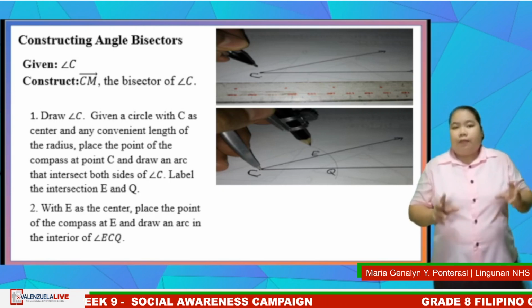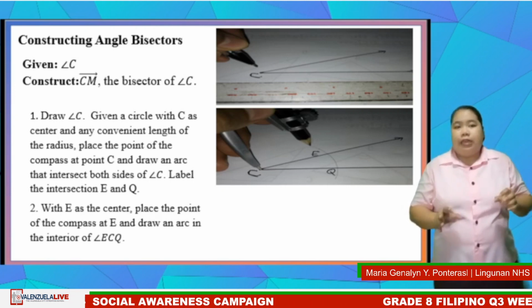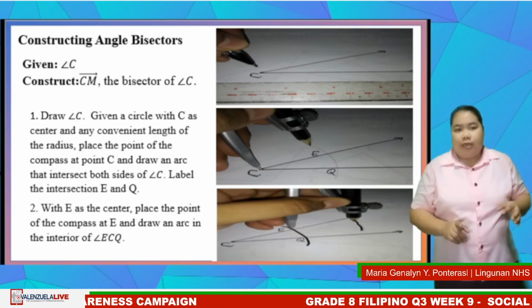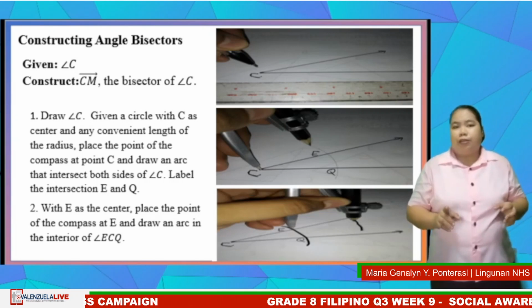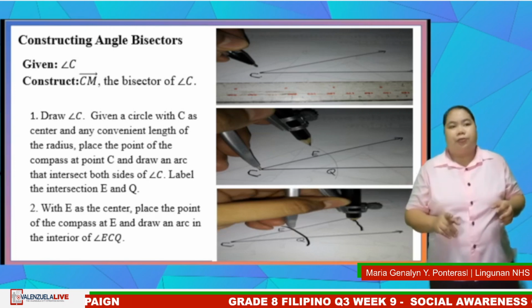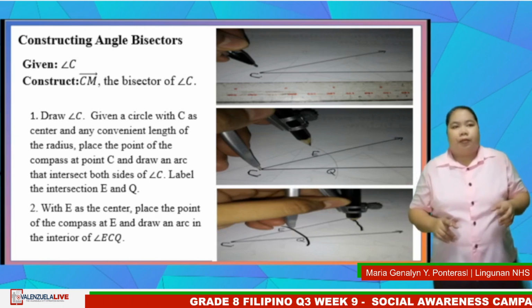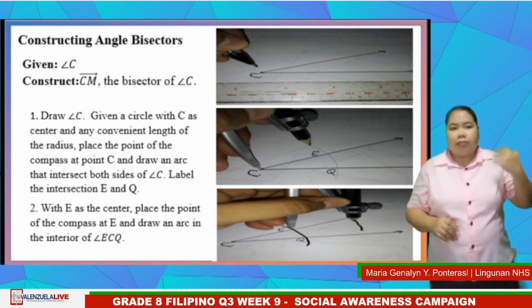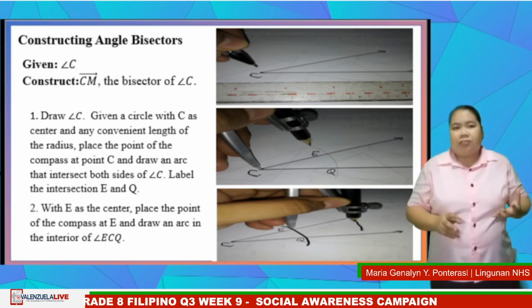Then the second step, with E as the center, place the point of the compass at E and draw an arc in the interior of angle ECQ. So we have here the figure of how we do the second step. So let's have the third step.